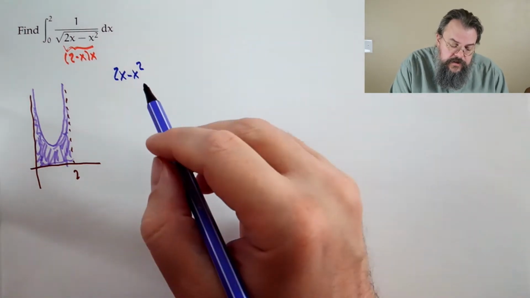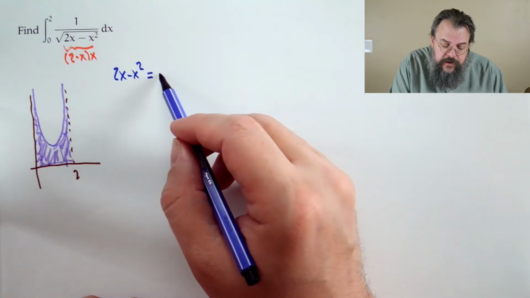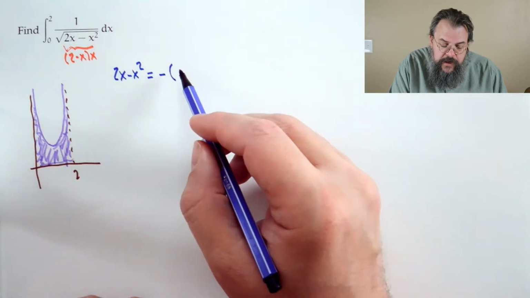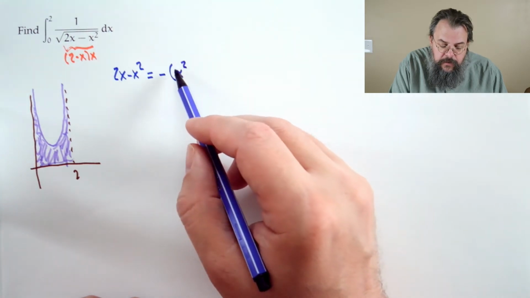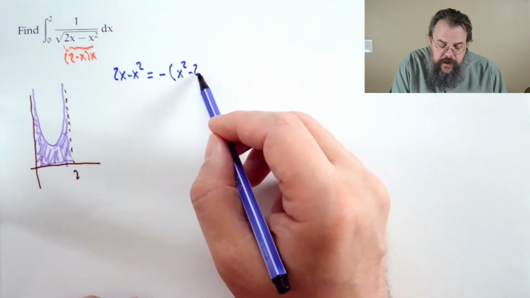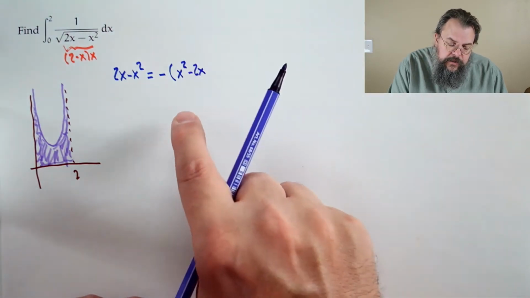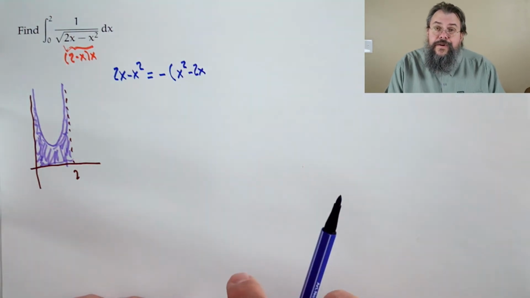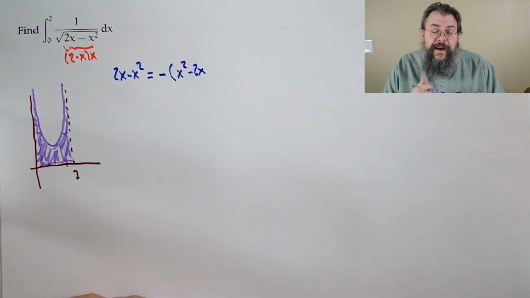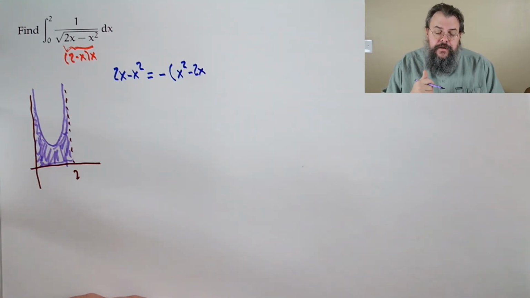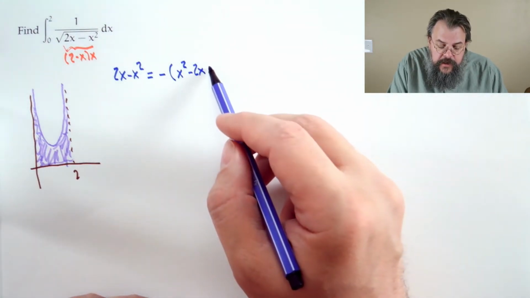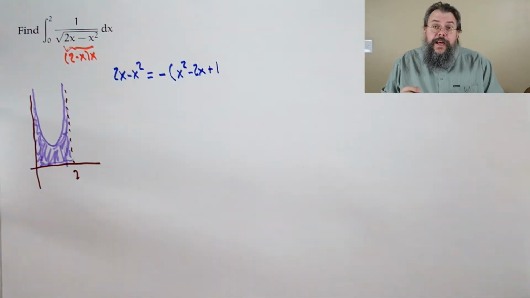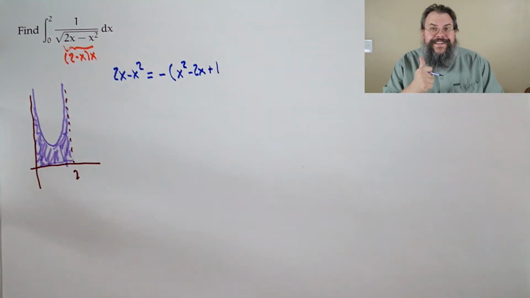We really have sort of a start, right? There's an x squared. I'm going to factor a minus out because I like the leading coefficient of x squared to be 1: minus, x squared minus 2x. Now, what would we need to add to make it a perfect square? Divide by 2 and square says if you add 1, that would be a perfect square. Aha, nice.